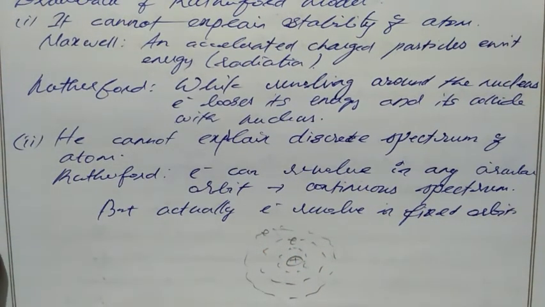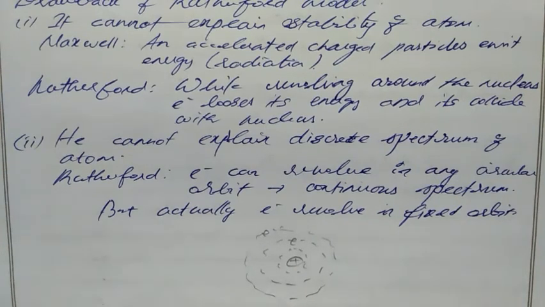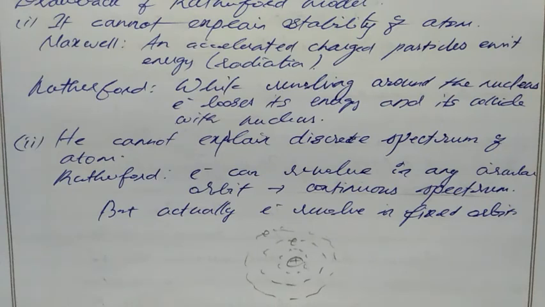So this is another drawback of the Rutherford model. Clear? If the electron revolved in any orbit, we would get a continuous spectrum, but electrons cannot. So we have only a discrete spectrum, and Rutherford did not explain the discrete spectrum.